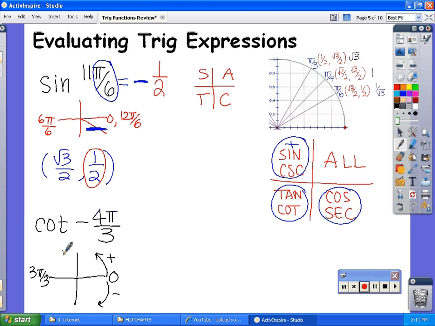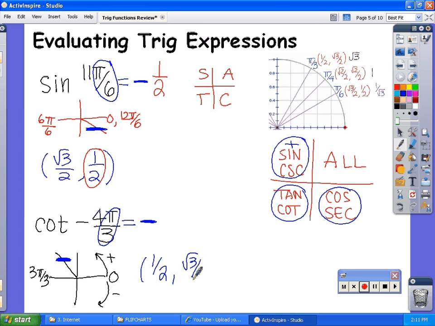Cotangent is positive or negative in quadrant 2? It is negative. Therefore, I know for a fact that my answer is negative. We're going to look at our pi over 3 point, which is 1/2, comma, root 3 over 2. And then remember to the right, we made this tangent value.